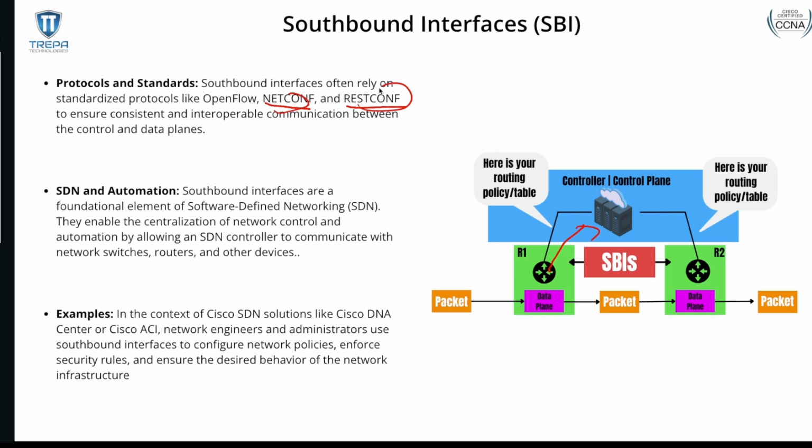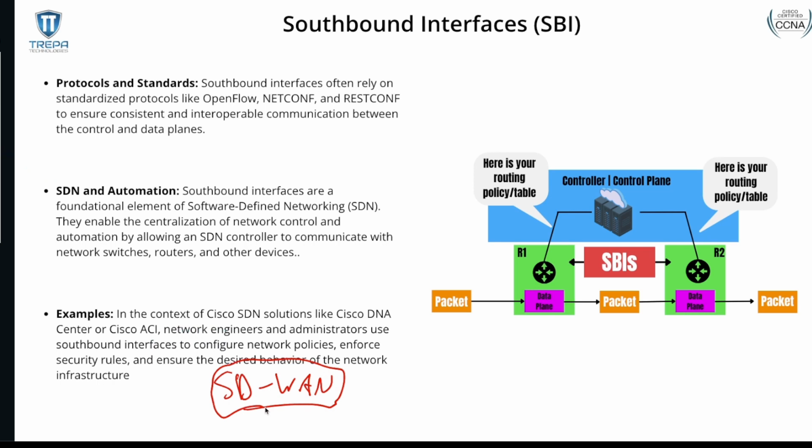SDN and automation. Southbound interfaces are the foundational element of software-defined networking. They enable the centralization of network control and automation by allowing an SDN controller to communicate with network switches, routers, and other devices. Examples of this as far as Cisco products go: we have, of course, Cisco DNA Center, Cisco ACI, which is Application Centric Infrastructure, and then one that's not on there is SD-WAN, which also isn't a part of the CCNA exam, which is very sad because I just did a huge SD-WAN lab a couple months ago.